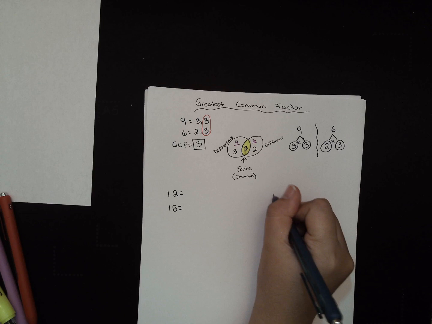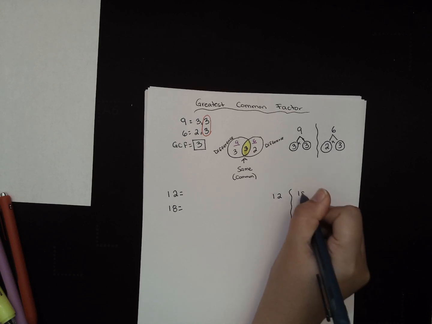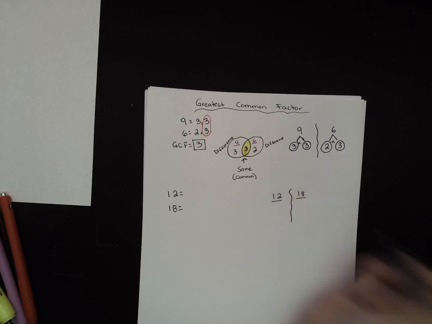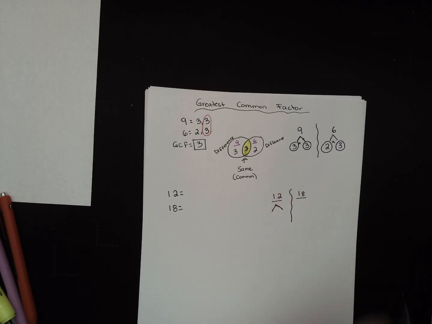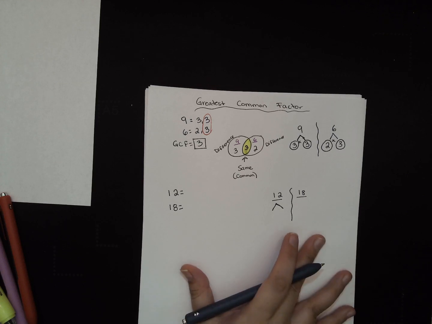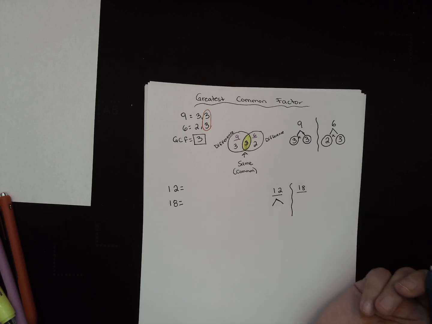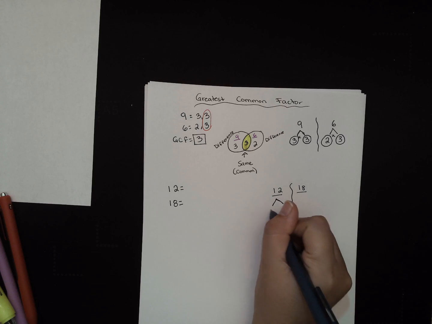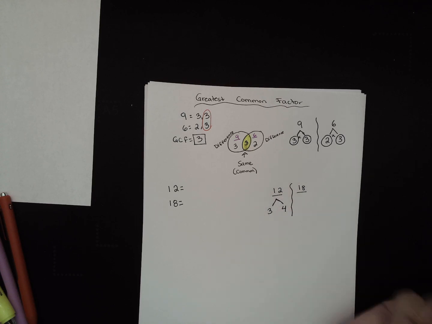I have 12, and on this side I have 18. These are my two numbers. So for 12, what two factors can I multiply to give me 12? I am going to say 3 and 4. Okay, 3 and 4.